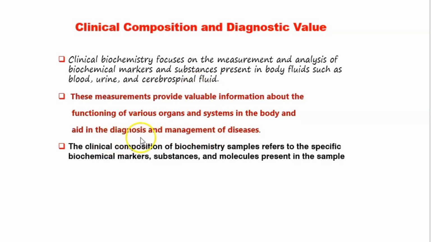So for us to be able to manage a disease or carry out an accurate diagnosis of a disease, it's very good that we use these biomarkers to check the level of those substances that are present in blood, urine, and cerebrospinal fluid. The clinical composition of biochemistry samples refers to the specific biochemical markers, substances, molecules that are present in these blood samples.